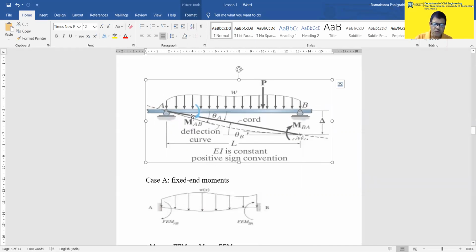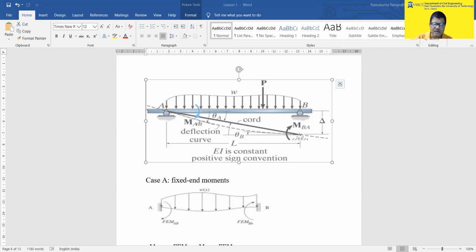Now under this load, this will deflect, right? We are discussing this support A, support B, and B is settled by an amount of delta with respect to A. So now this is the slope deflection curve. This dotted line is the deflection curve.